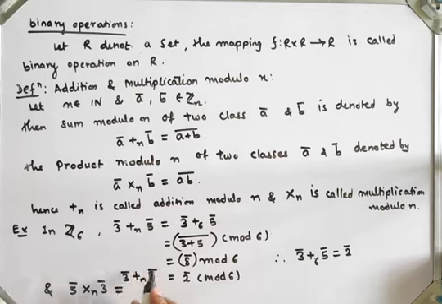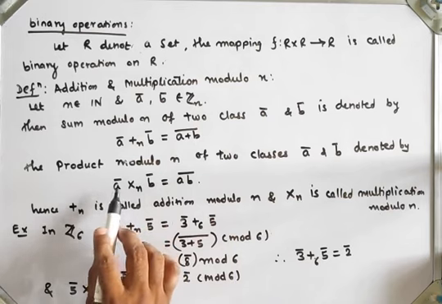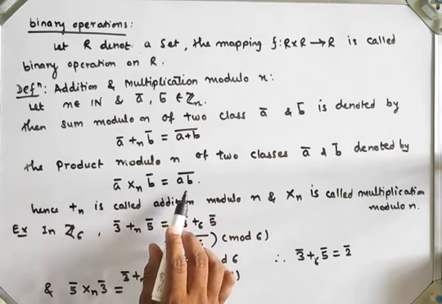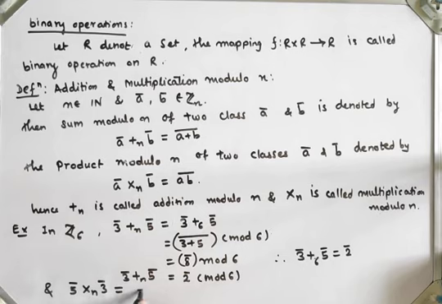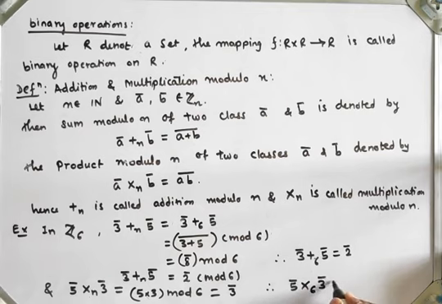We have the definition that residue class A into residue class B is the same as A into B. So here I will write 5 into 3 modulo 6. 5 into 3 is 15, and 15 modulo 6 gives 3, meaning the residue class 3. Therefore we say 5 bar multiplication modulo 6 3 bar is nothing but 3 bar.